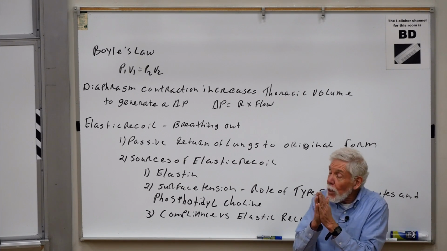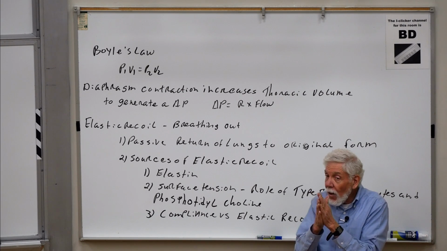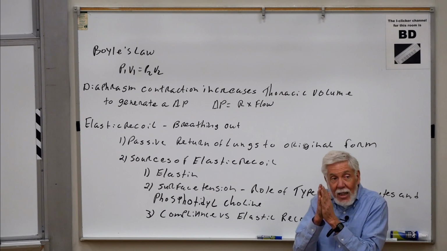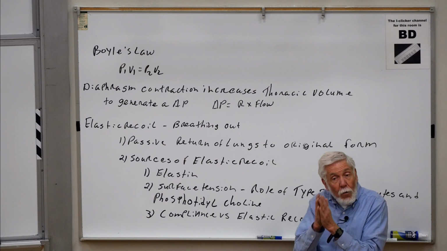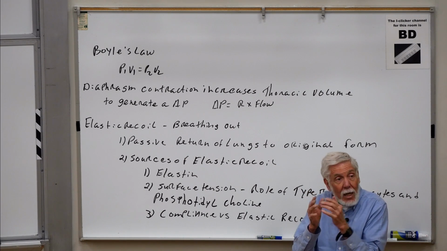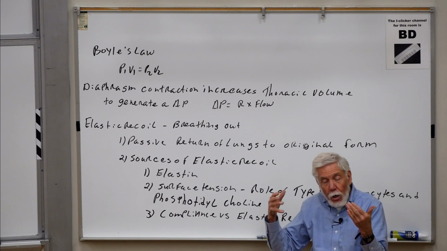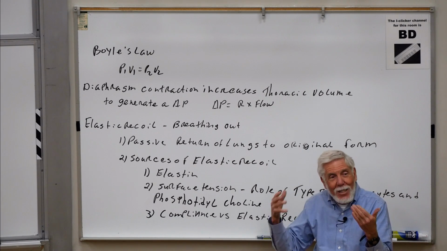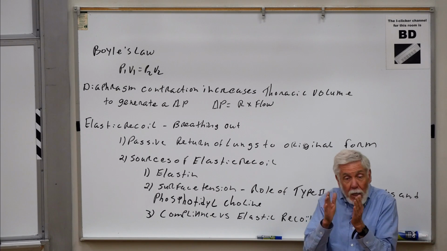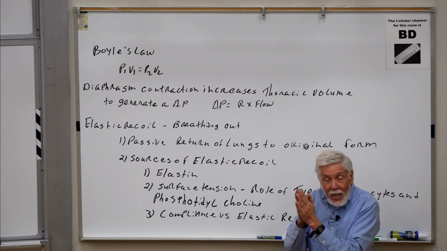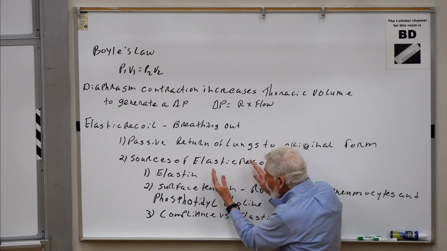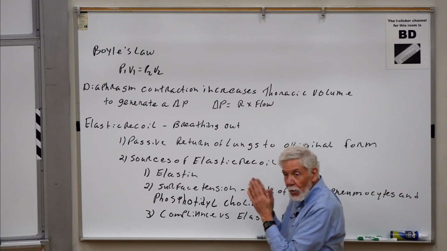So the very same surface tension we talked about on the first day of discussions in here, that surface tension which results from the hydrogen bonding between the partially negative charged oxygen and the partially positive charged ends on water, that surface tension now is going to draw these surfaces of the alveolus together.